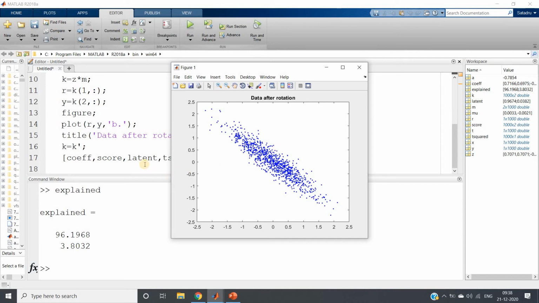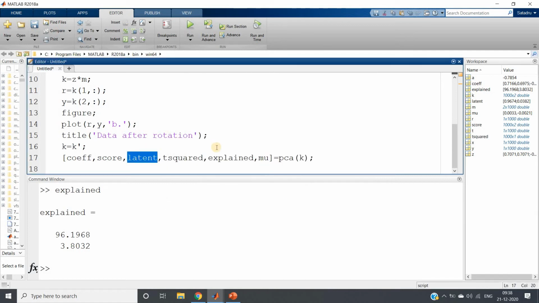Now let us try to understand one more output parameter, latent, and how it is related to explained. Explained gives us the percentage of variance explained by one particular component. It is not giving us the actual amount of variance, it is giving us percentage variance.